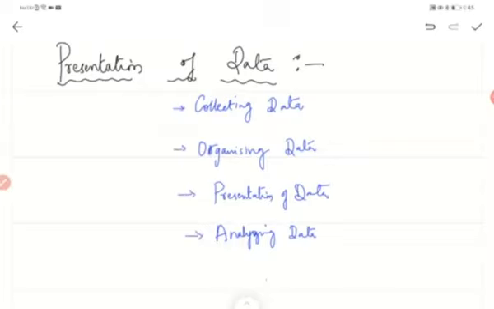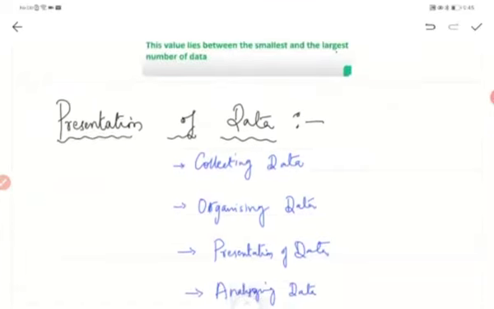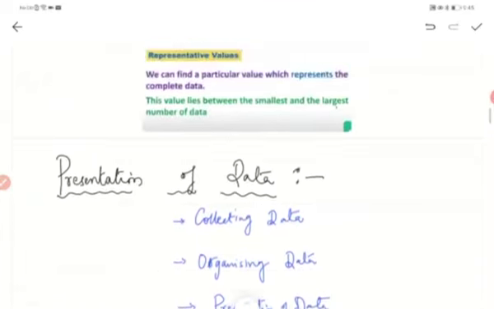All right. So we had now seen how to represent the data, the representative values we had seen, right? So what do the representative values do? They represent the complete data.